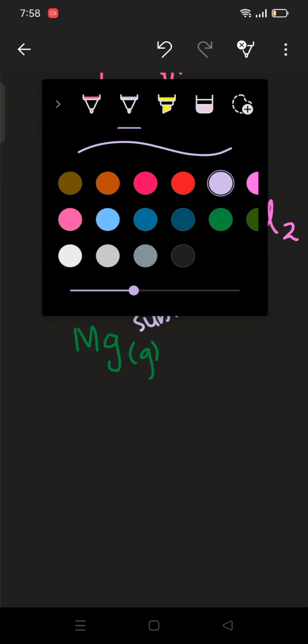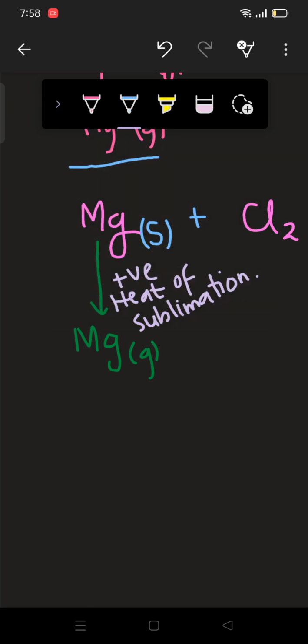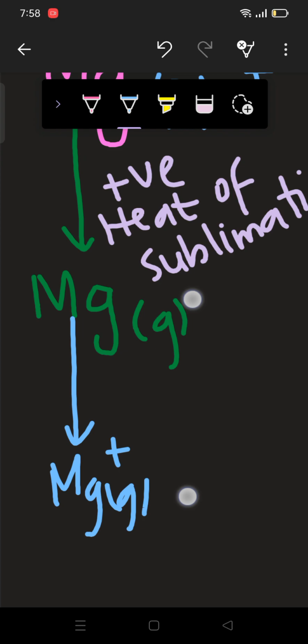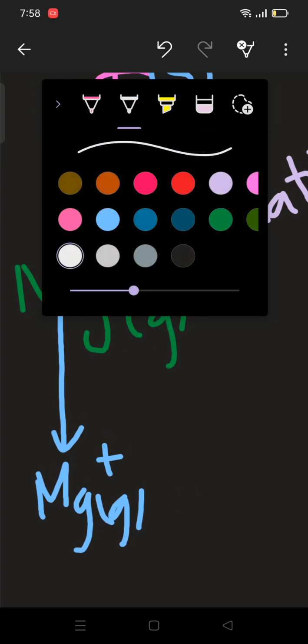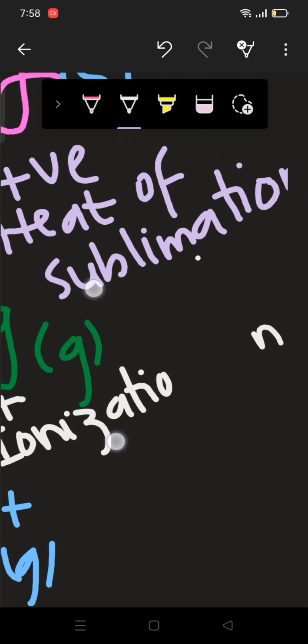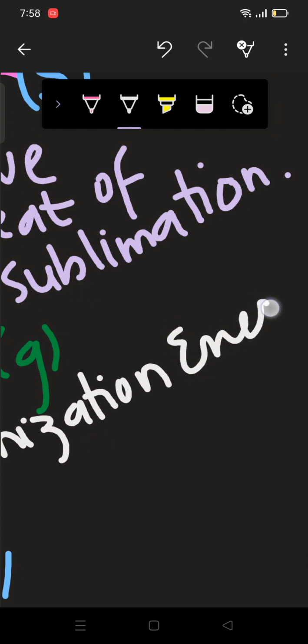Then I need to take out the electrons from Mg. I need to make this Mg into Mg plus, right? In order to make it plus, I need to give energy here, and this energy is what we call the ionization energy.